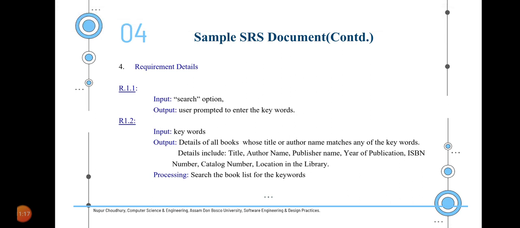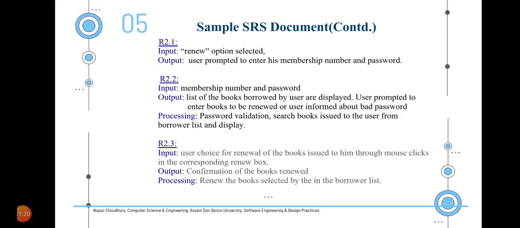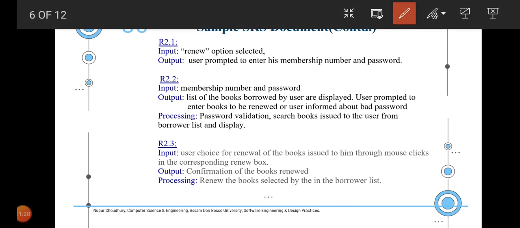So moving ahead to requirement 2. Now as already mentioned, requirement 2 can also be broken down into several options. The first option essentially will be to renew the option. So similarly, as we have seen in the previous requirement R.1.1, you have to first click onto the renew option.